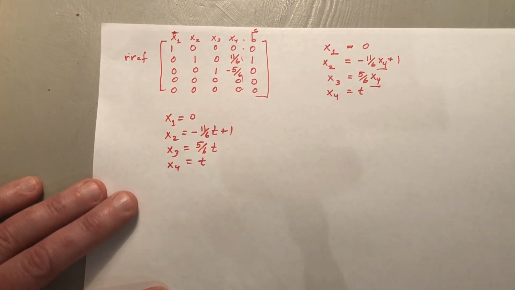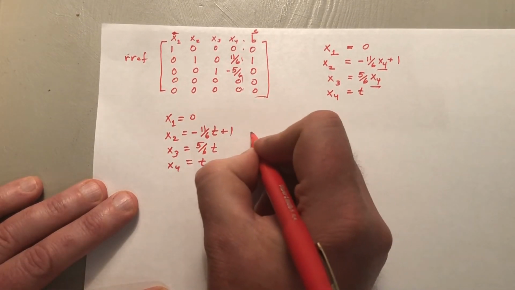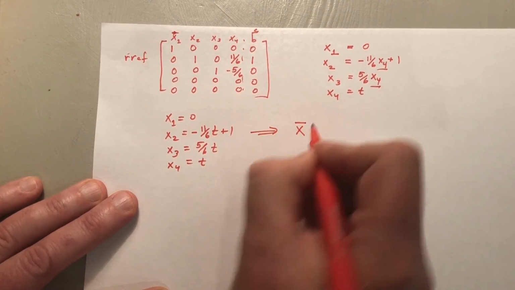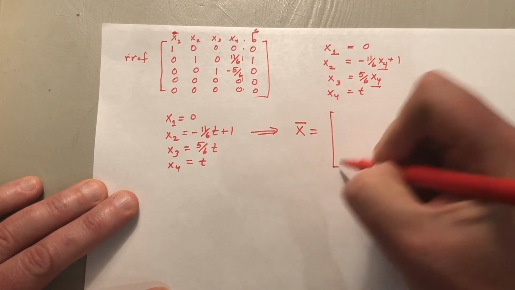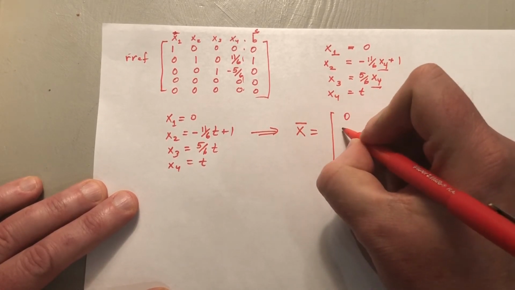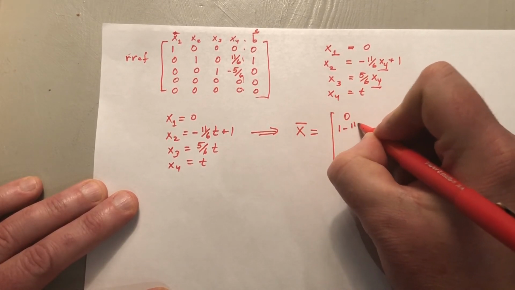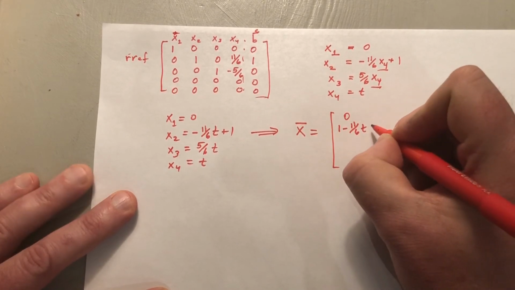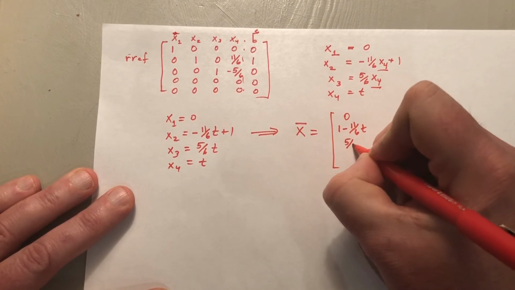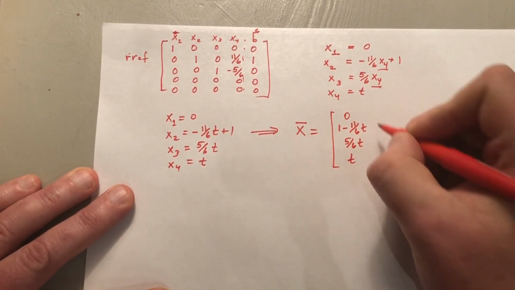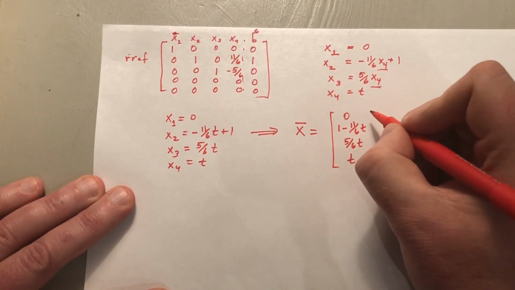And that's the solution, right? What does that mean? That means that the matrix X, which I was looking for, is 0, 1 minus 11/6 t, 5/6 t and t. And that is my answer.